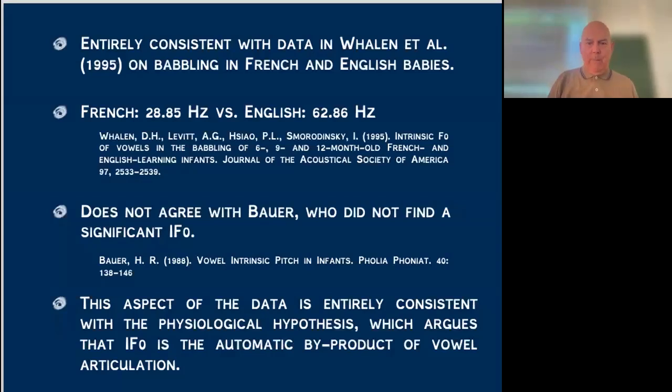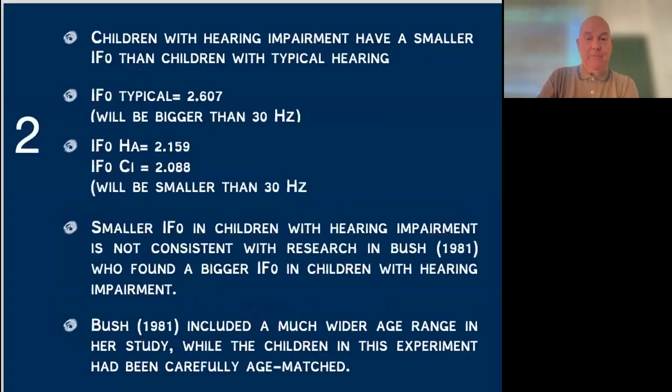Okay, this does not agree with Bauer, who has also done a little study on children and did not find any IF0 there. But generally, we could say that all these findings are consistent with that physiological hypothesis, so that it may well be a byproduct of articulation, vowel articulation.